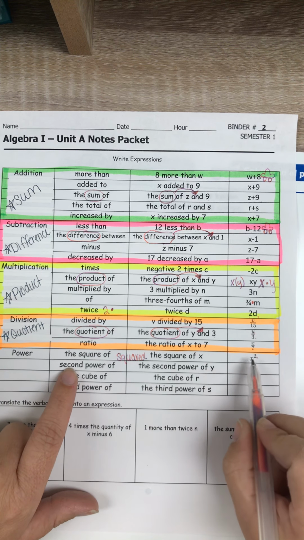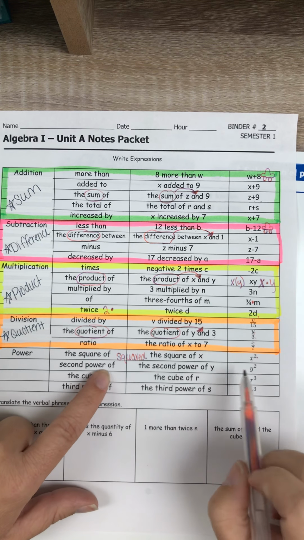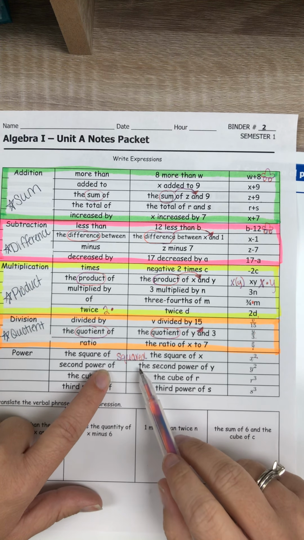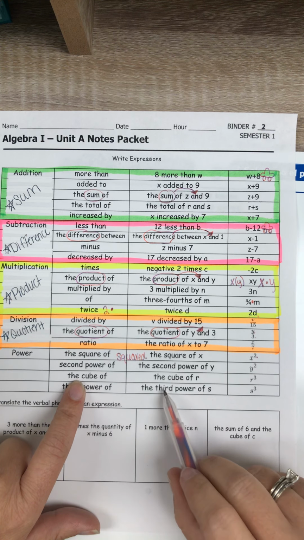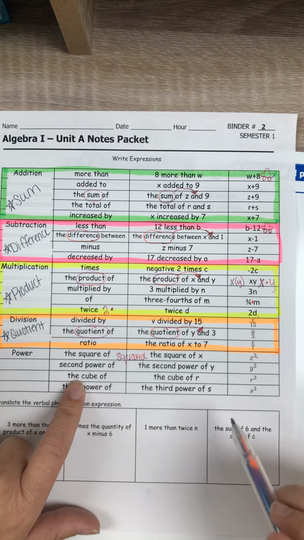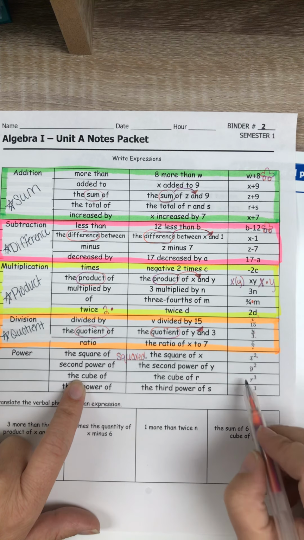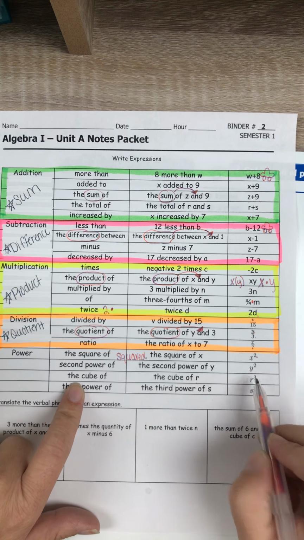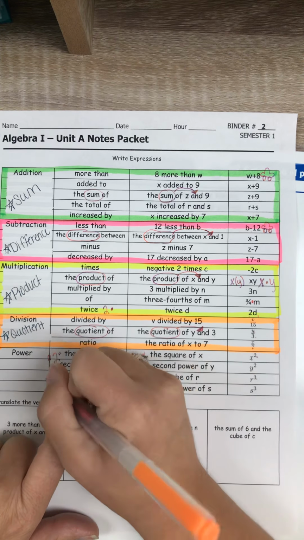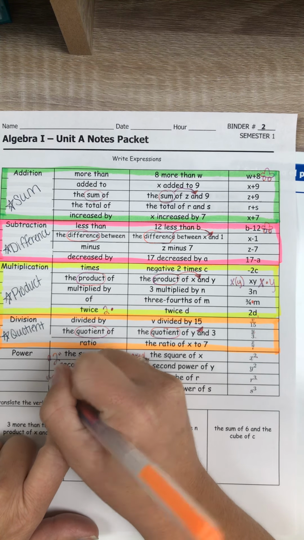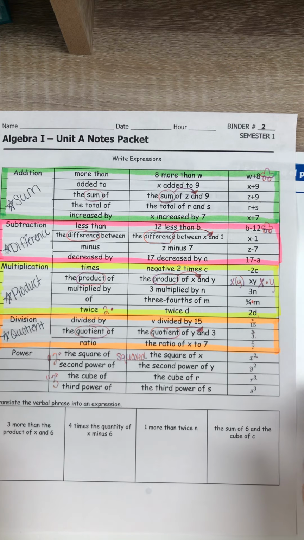You could also say that same thing as "the second power of." Squared is just a fancy way of saying it. "The cube of," or saying something like "the cube of r," or simply saying "r cubed," would be the exponent of 3. So you need to remember, square is the number 2 as the exponent, cube is the number 3. Those are the special words for that.